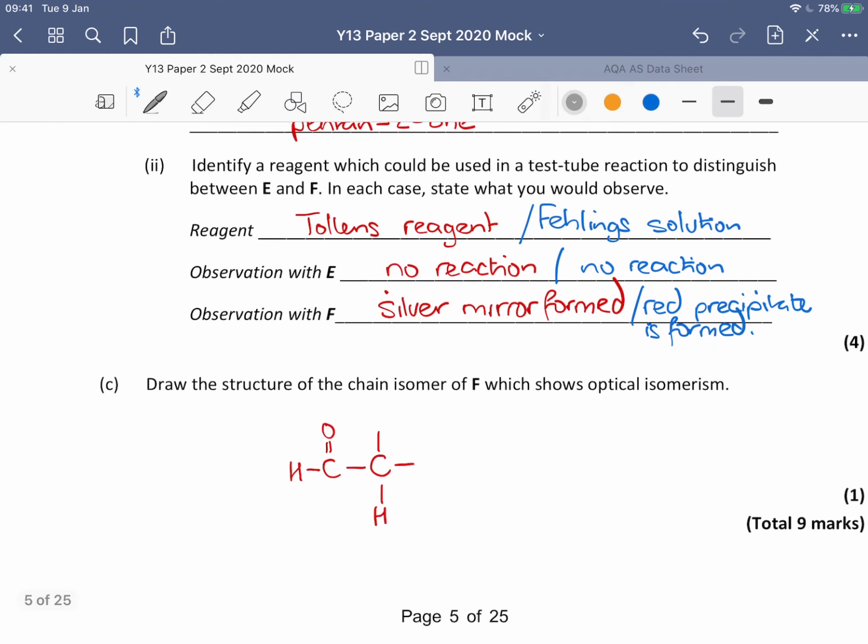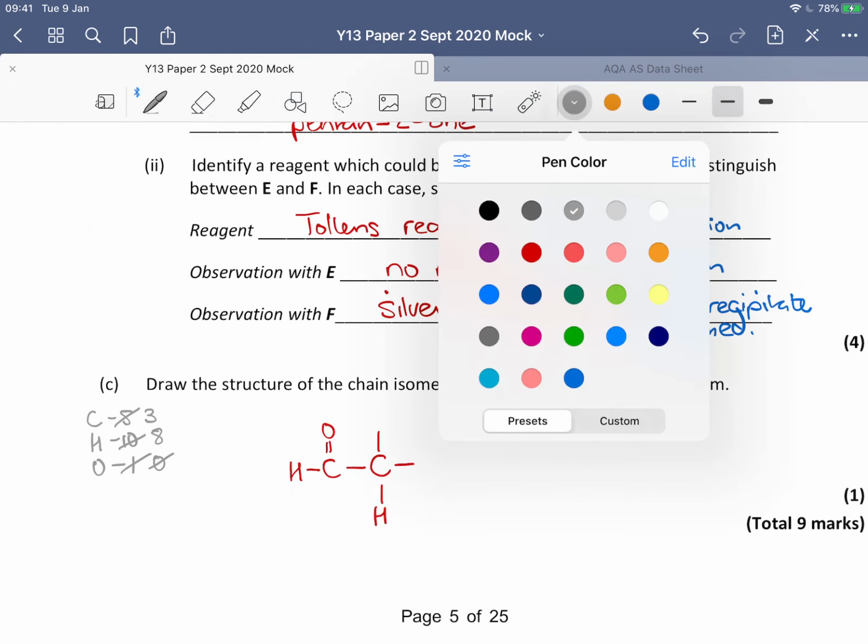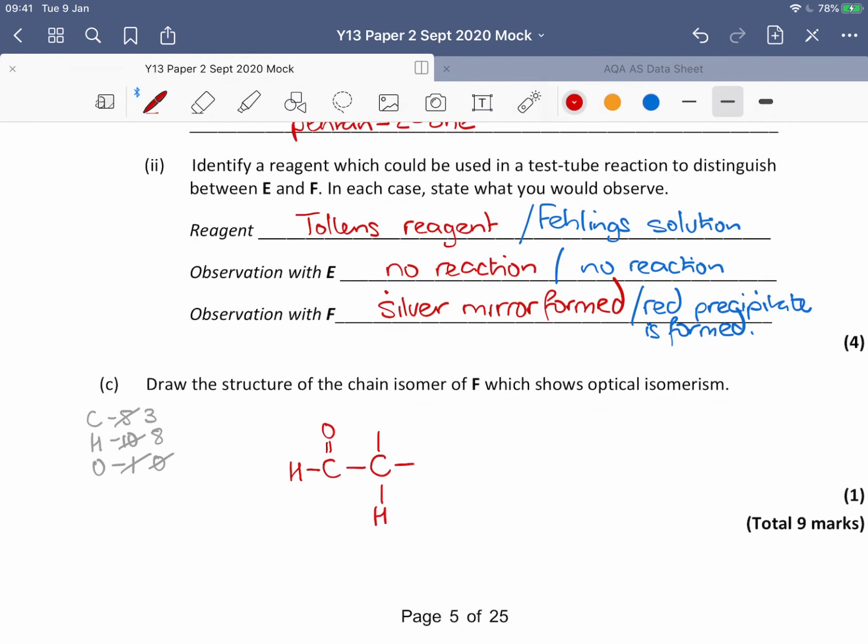So if I can do it like a running tally. So I had 5 carbons, 10 hydrogens, 1 oxygen. So far I have used 2 carbons, so I've got 3 left, and I've used 2 hydrogens, so I've got 8 left, and I've used my oxygen, so I've got 0 of those left. Then another typical thing, and sometimes you've just got to have a go and then work out at the end whether it's worked or not, right?